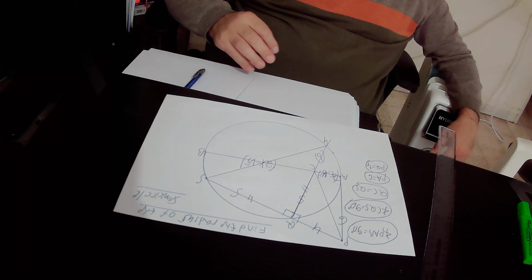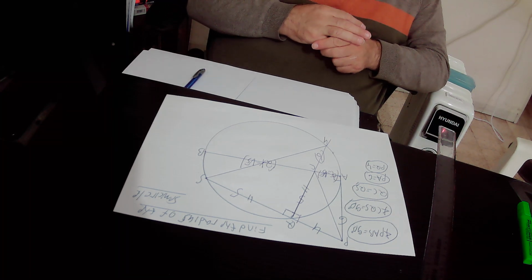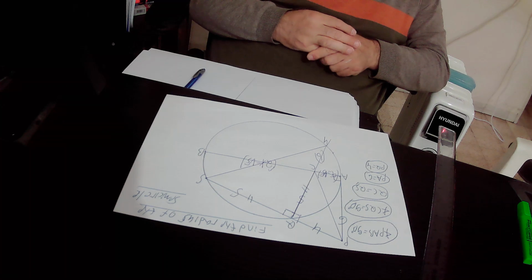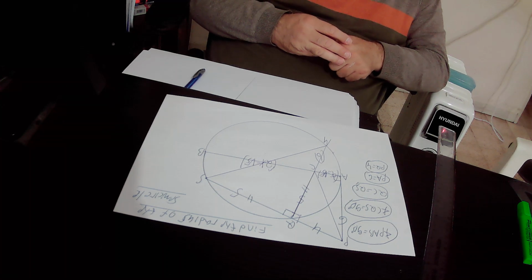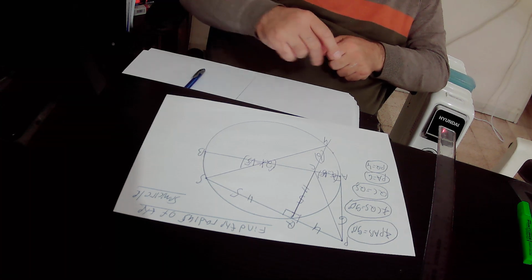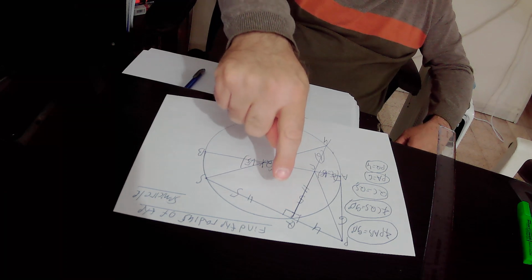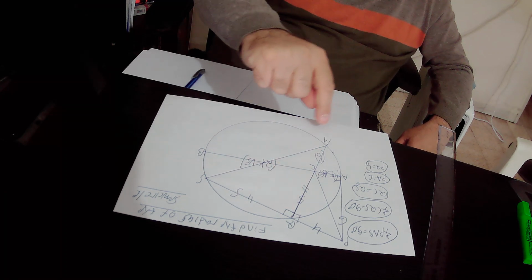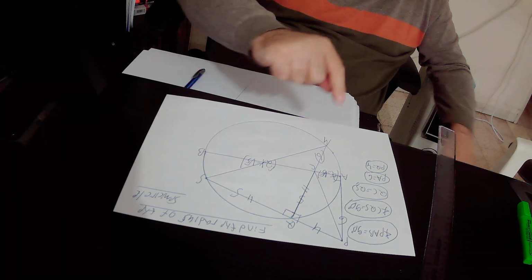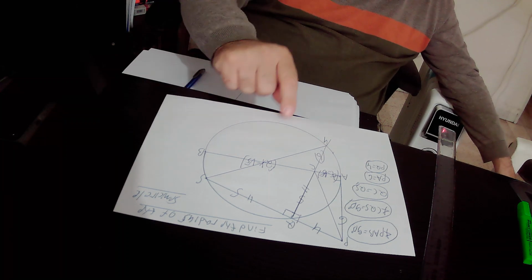And we have rule number 5 that says that any peripheral angle that is equal to 90 degrees must rest on the diameter of the circle. That is to say, this peripheral angle MQS must rest on the diameter of the circle. So MS is the diameter of the circle.